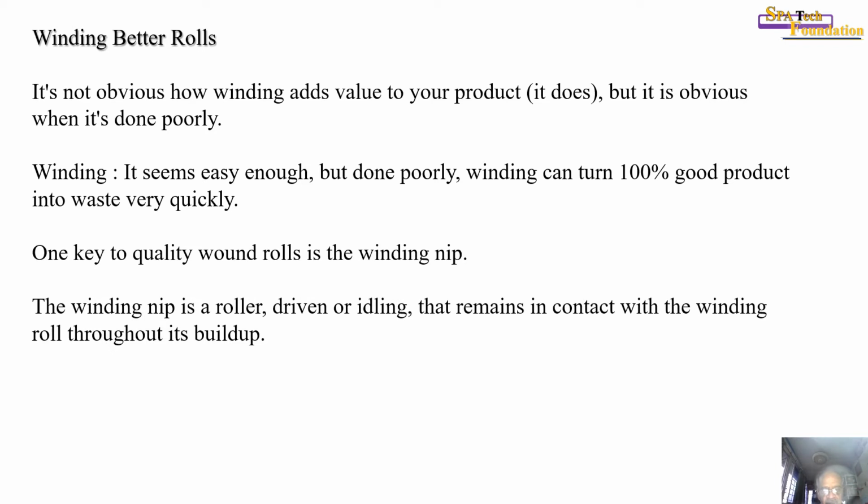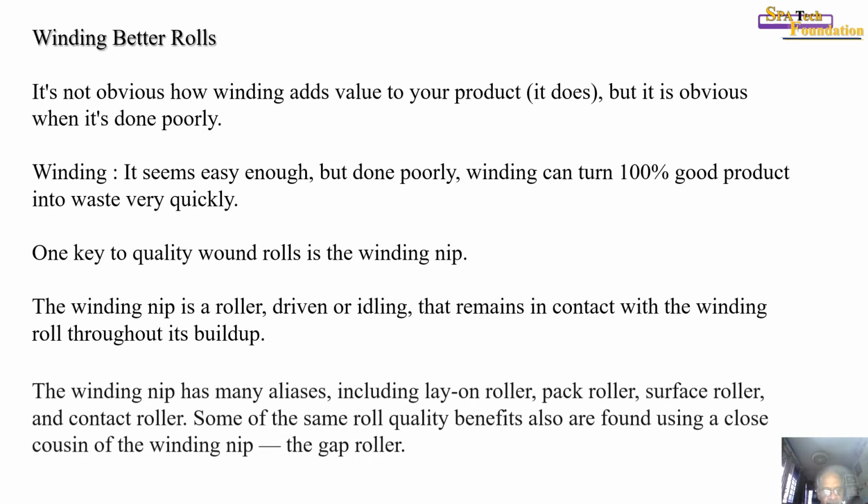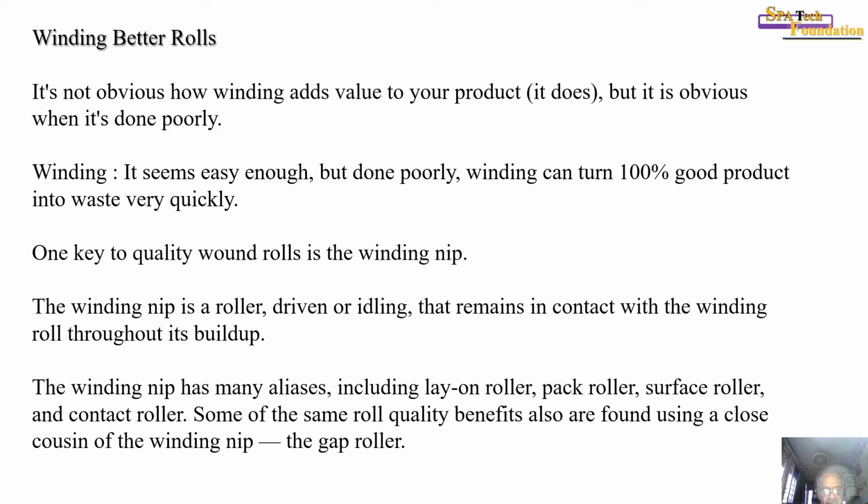The winding nip is a roller, driven or idling, that remains in contact with the winding roll as it builds up. The winding nip has many aliases including Leon roller, pack roller, surface roller, and contact roller. Some of the same roll quality benefits also are found using a close cousin of the winding nip, that is the gap roll.